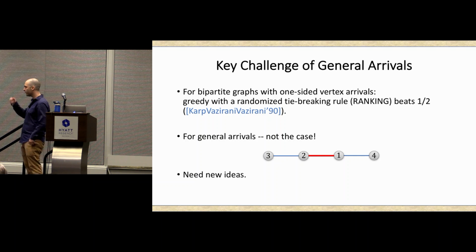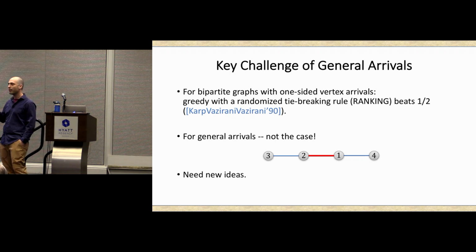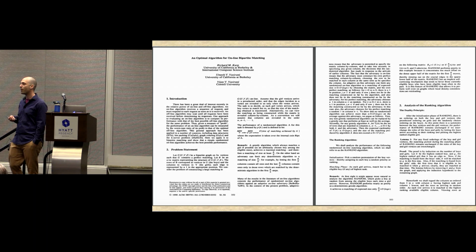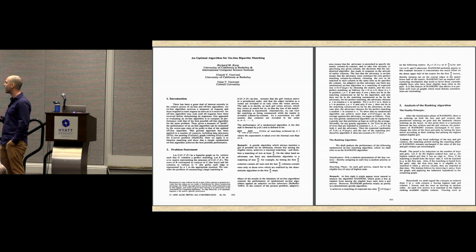Okay, so we need some new ideas. In particular, this means that any generalization of ranking, which isn't quite defined for general graphs, seems to require some greedy choice plus a randomized tie-breaking rule. So essentially for these models, ranking is just greedy. I'd like to mention that the question of general graphs was suggested at least by Karp et al.